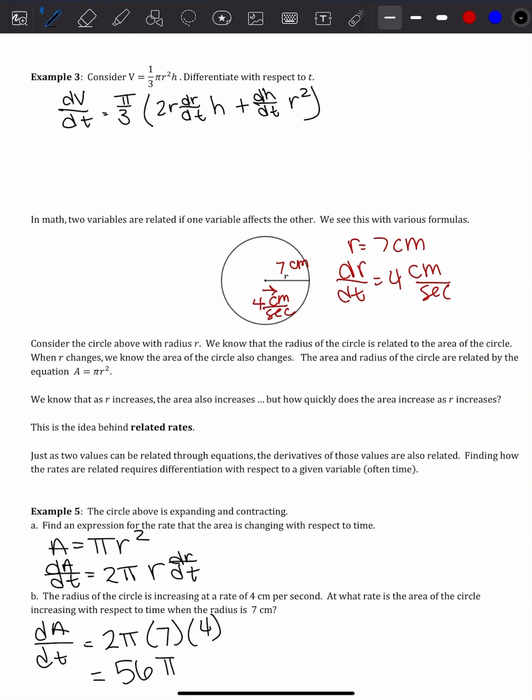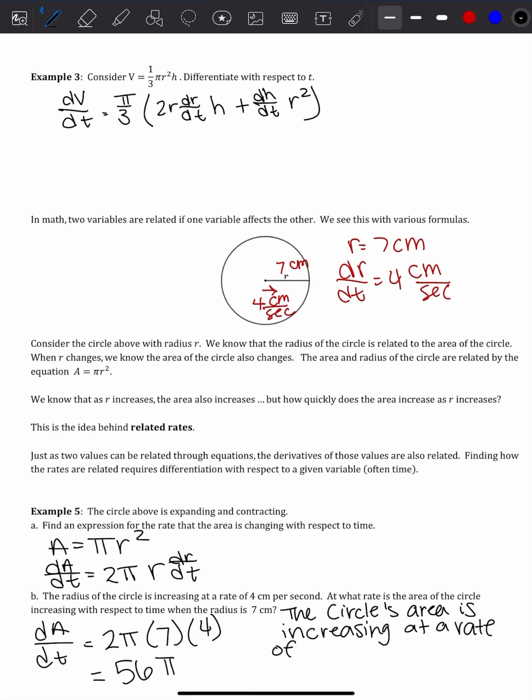At what rate is the area of the circle increasing? The circle's area is increasing, and we know that for sure because it's a positive value, at a rate of, our exact value would be 56π, but 56π doesn't mean a lot to a lot of people.